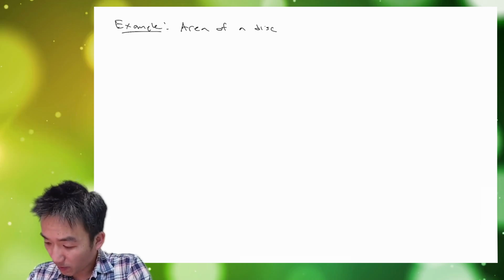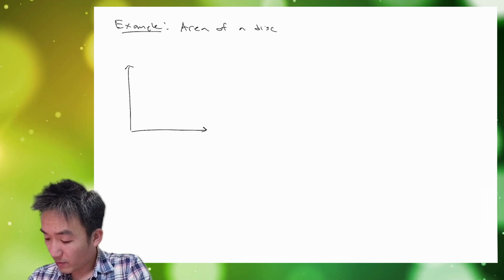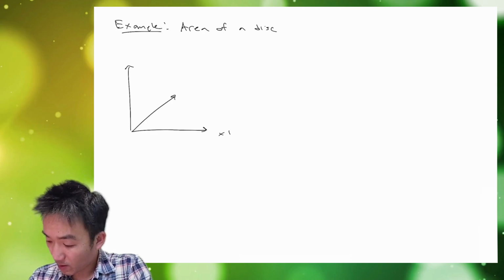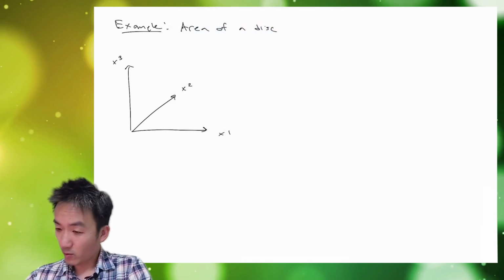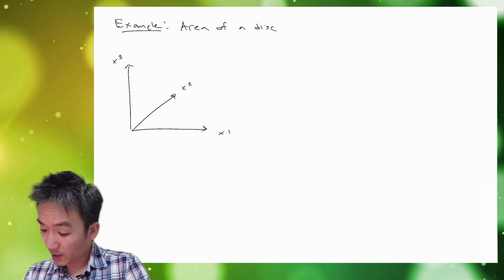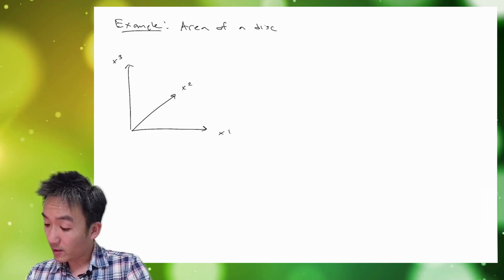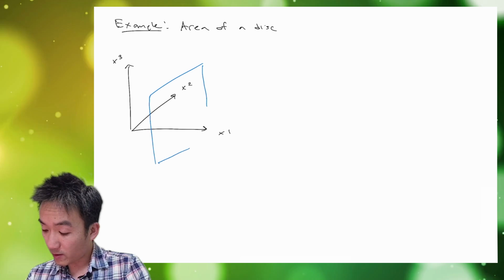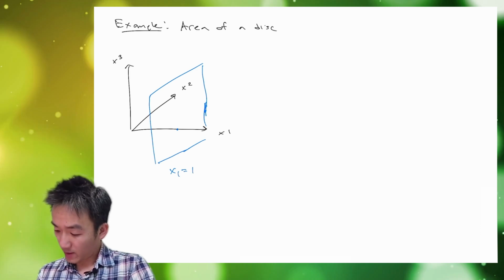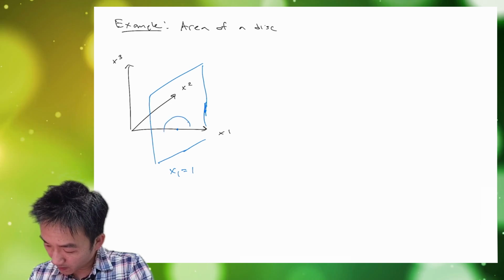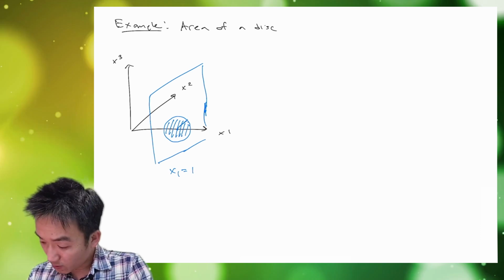What I'm going to do is look at 3 dimensions as before, but my disk will be in this hyperplane given by setting the x1 coordinate equal to 1. Okay. So this is the x1 equals 1 hyperplane. And then I'm just going to put a disk centered along this axis inside this plane. Okay, and it's going to have radius r.